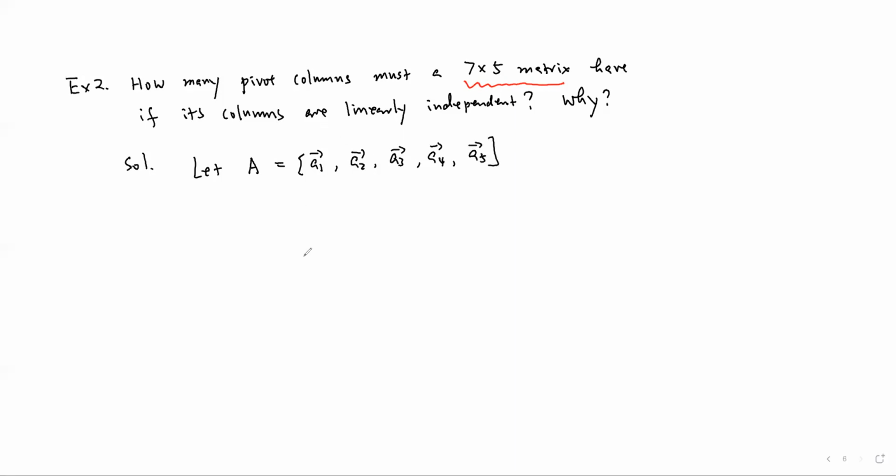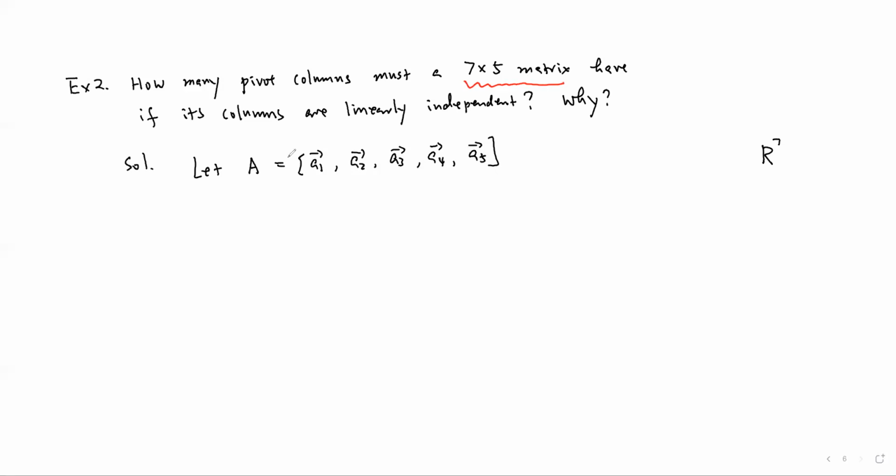Each column has 7 entries. So each column is a vector in R^7, the 7-dimensional space.